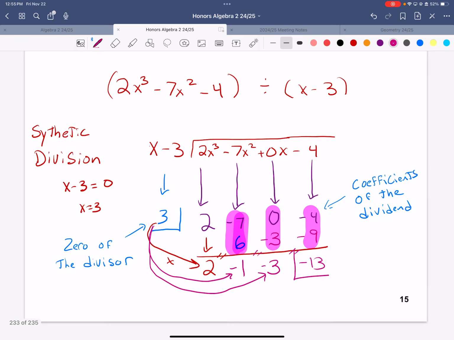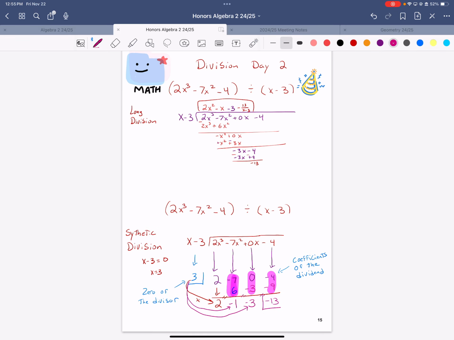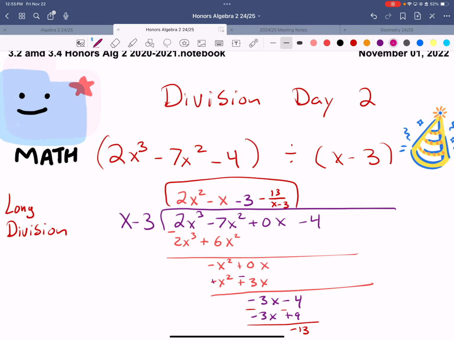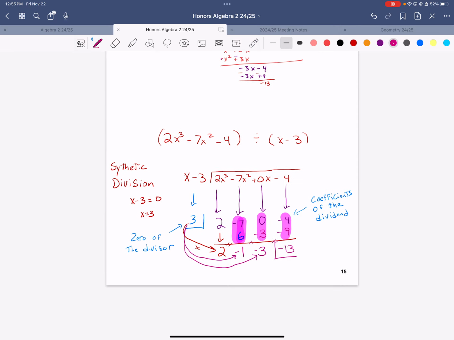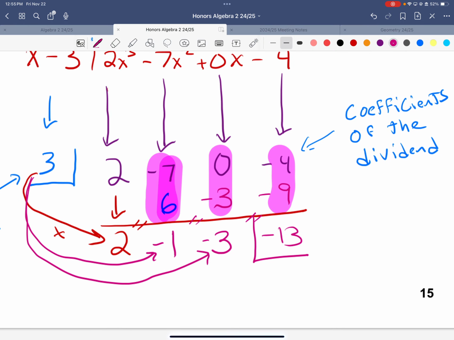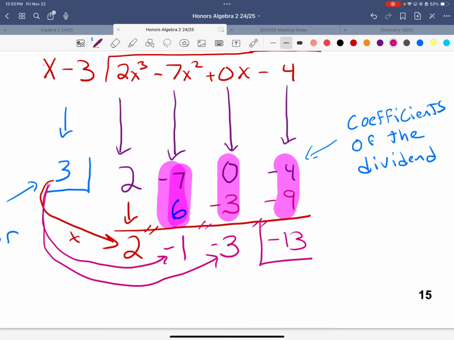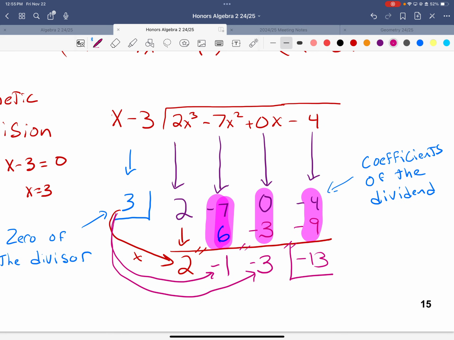So if you look at what we have there and look at what we have for our answer up here, when we did it using long division, notice that the coefficients are exactly the same. Okay, so now when we rewrite it, we are going to go 1 less than where we started with our powers.